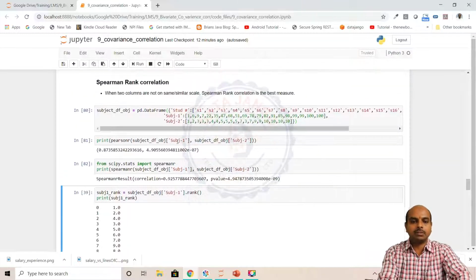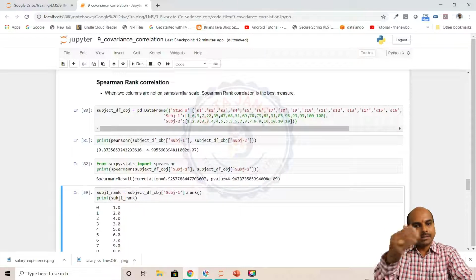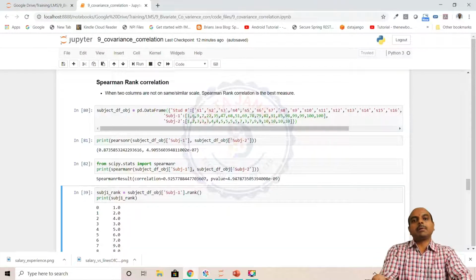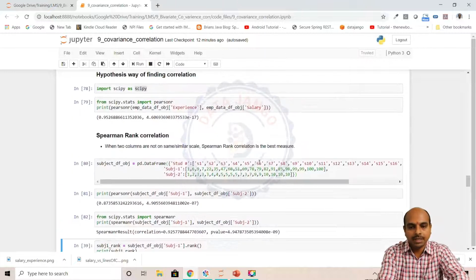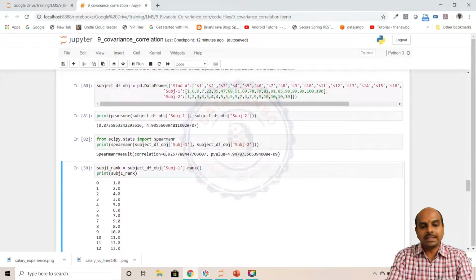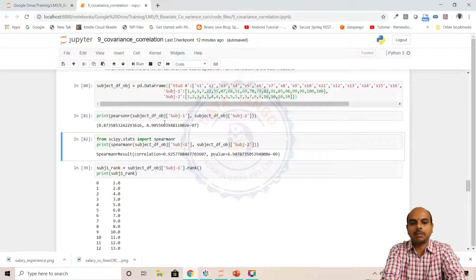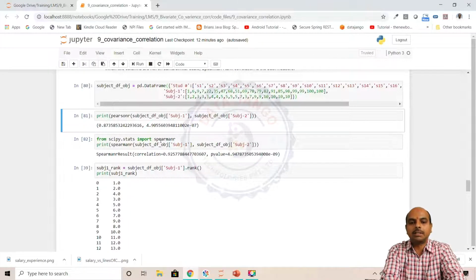When you look at subject 1 and subject 2, if somebody is performing well in subject 1, the person is performing well in subject 2 also, because for the same idea we collected the subject 1 marks and subject 2 marks. So that strength is more clearly evident in Spearman R than Pearson R, because the scales are different. It is always suggested that you take Spearman R.